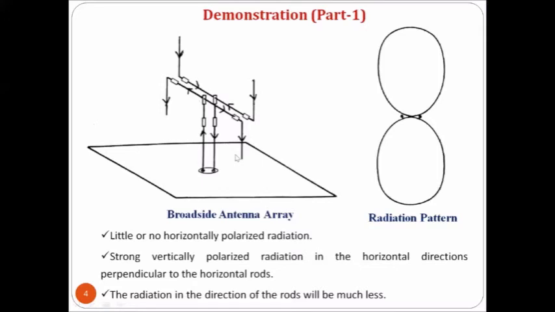So it's an array of two antenna elements with in-phase excitation, and hence maximum radiation will be observed in the direction perpendicular to the axis of the array. Note that the radiation is vertically polarized as it is coming from these vertical arms.